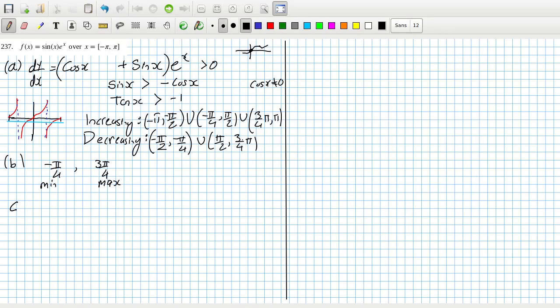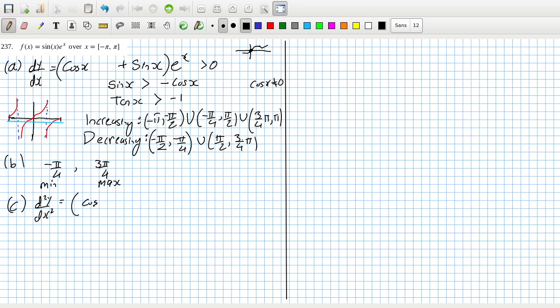Concave up and concave down. I need to look at the second derivative. Okay, so the second derivative, cos becomes minus sine, and sine becomes cos.